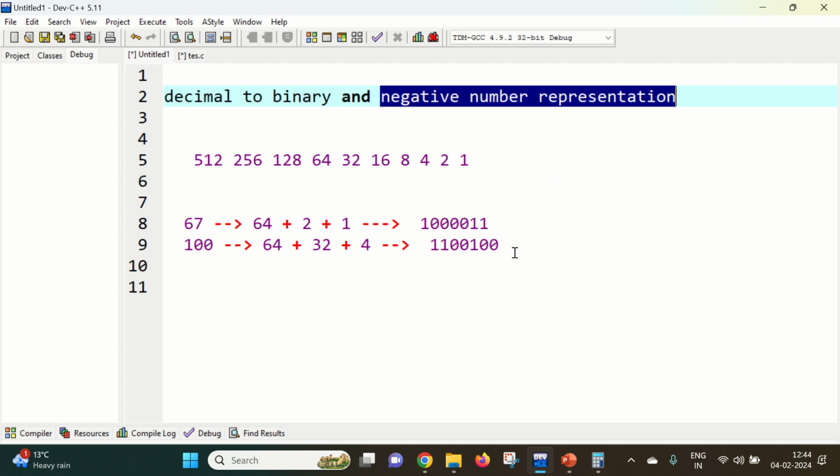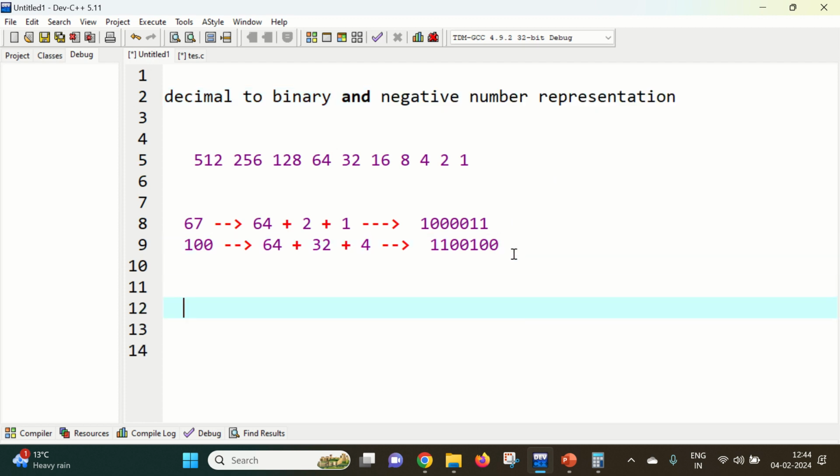So for negative number representation, when you want to store a number, suppose we are converting one more number, 10. I want to convert this 10 into the binary. So 10 you can express like this: 10 is equal to 8 plus 2.